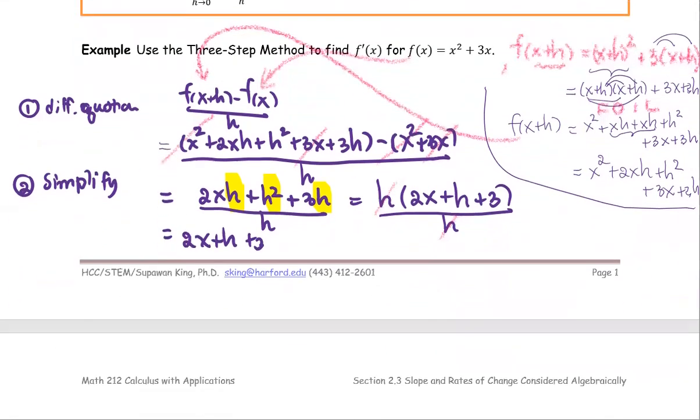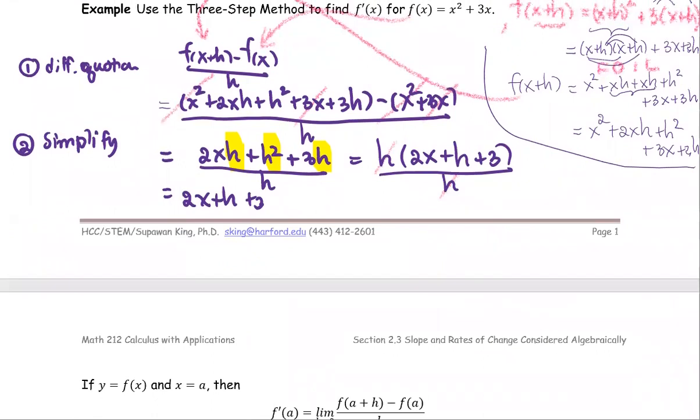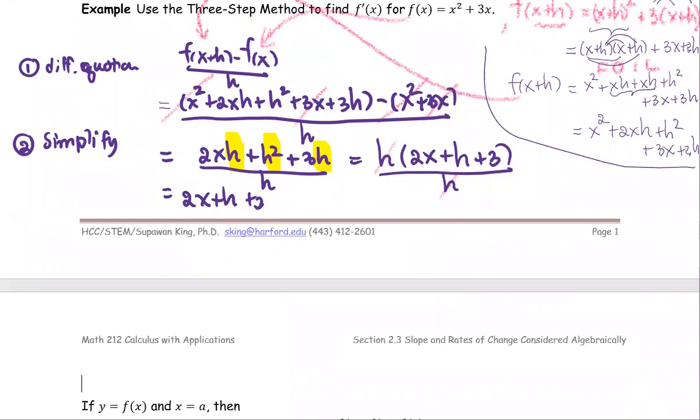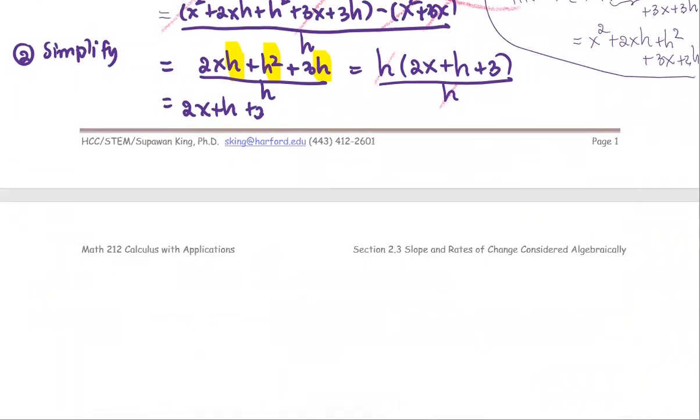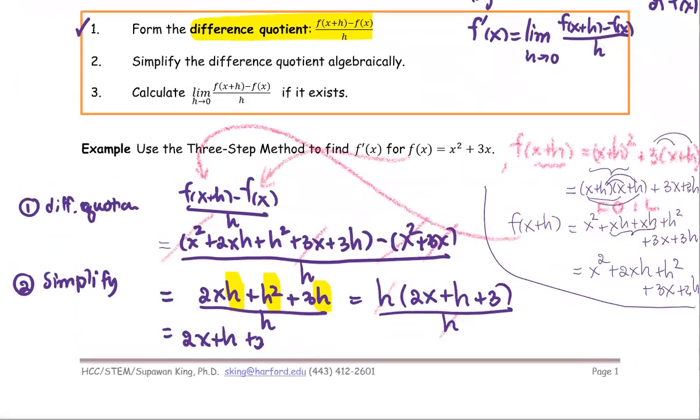I'm going to move further down here to get more room. So far, my difference quotient is in the form of 2x plus h plus 3, which originally was f of x plus h minus f of x divided by h. I did step 1 and step 2.